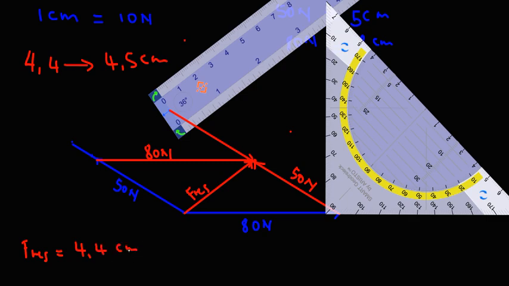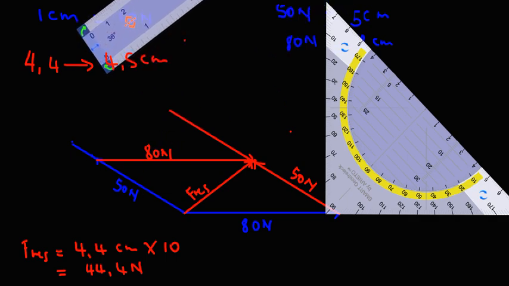But F res in magnitude must be multiplied by 10. So this becomes 44,4 newtons. All right, so for the direction, what is the direction of the resultant force? For the direction, you need to take your protractor again and measure this angle theta.